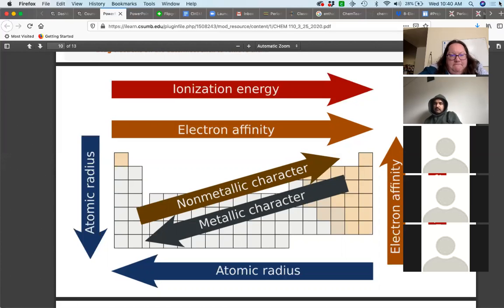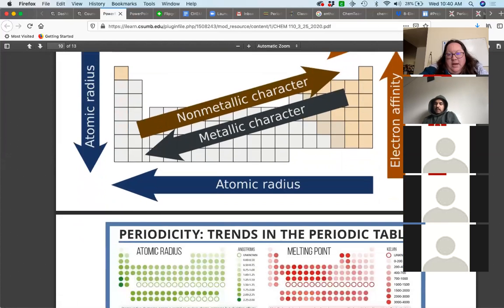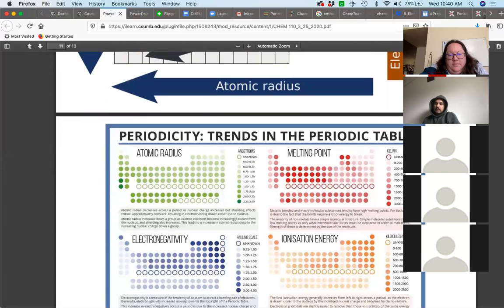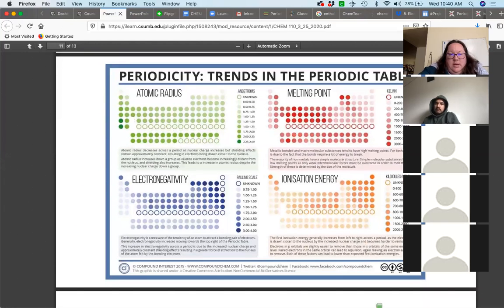Okay, here's another representation of periodic trends in the periodic table. This is done by color. I think for myself, I actually have a harder time reading the smaller gradations because my eyes don't do such a great job differentiating the color changes here.